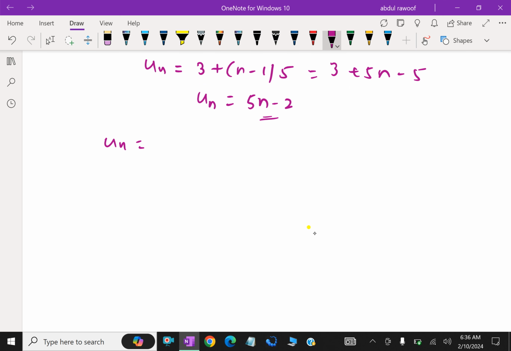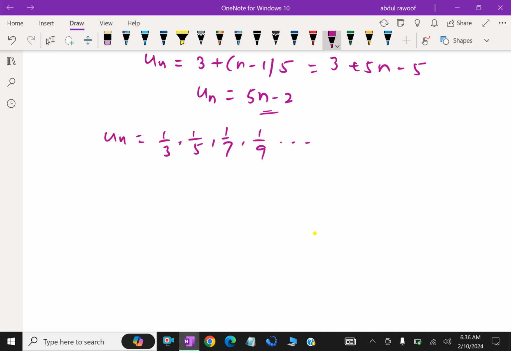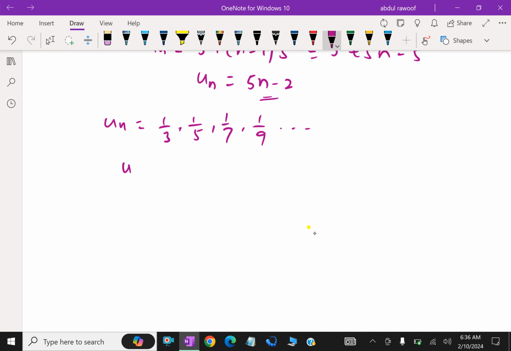Un equal to 1 by 3, 1 by 5, 1 by 7, 1 by 9. Here, what is the nth term? Un is 1 over 3. Look here, 3, 5, and 7.